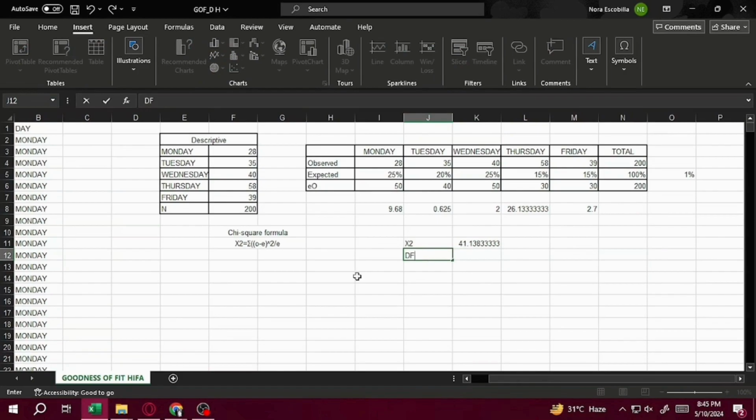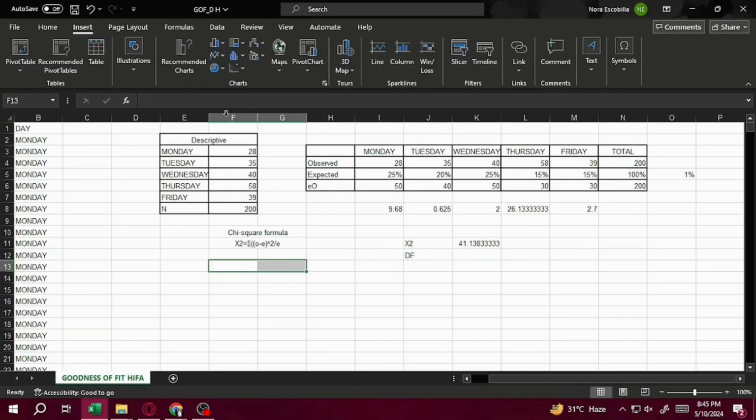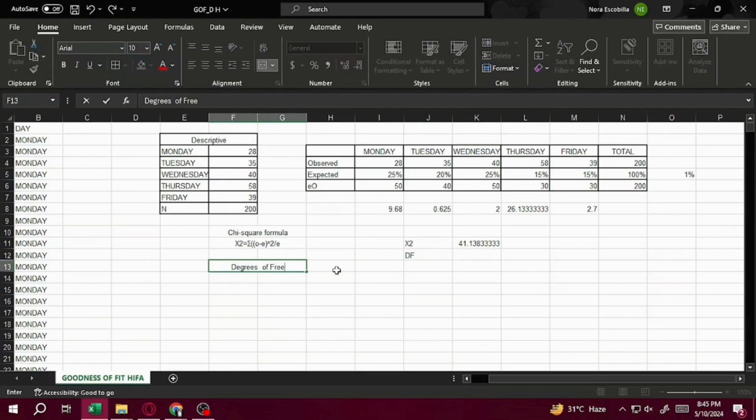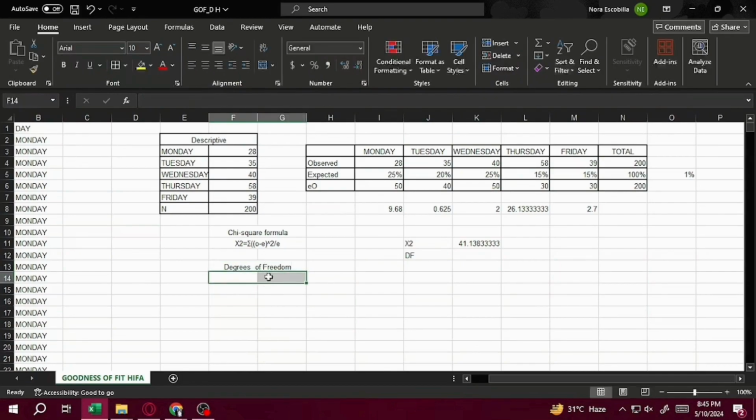So let's proceed to get our degrees of freedom, or DF. The formula for degrees of freedom is open parenthesis k minus 1, or row minus 1, and column minus 1, or C minus 1.